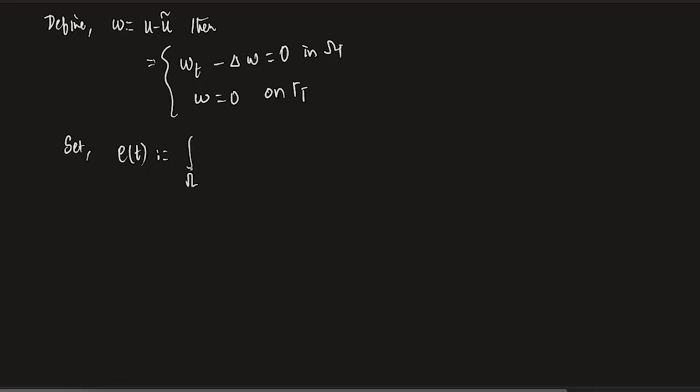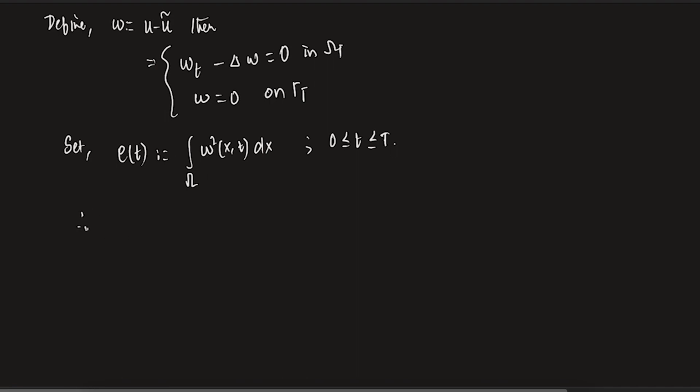Please remember, this is not the integral over Omega_T. It is only the integral over Omega, because x is in Omega and t is in (0, T). E(t) is defined for all t between 0 and capital T. So I am taking any t between 0 and T, and defining the energy at that particular time as the integral of w squared of x, t dx.